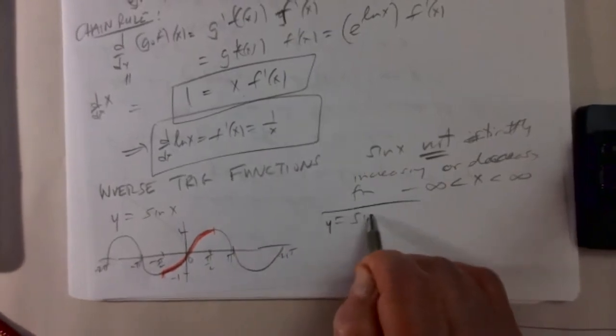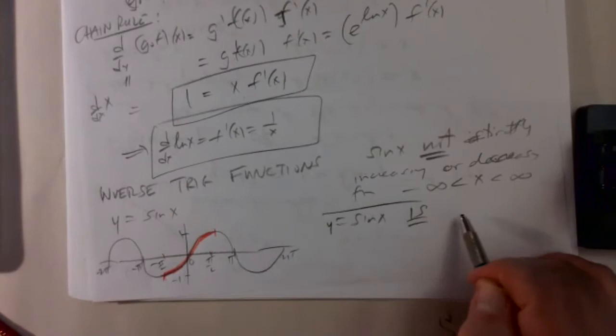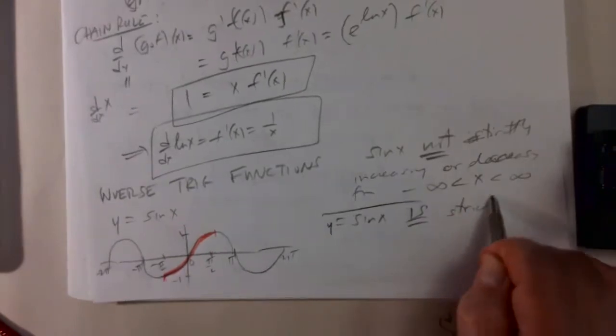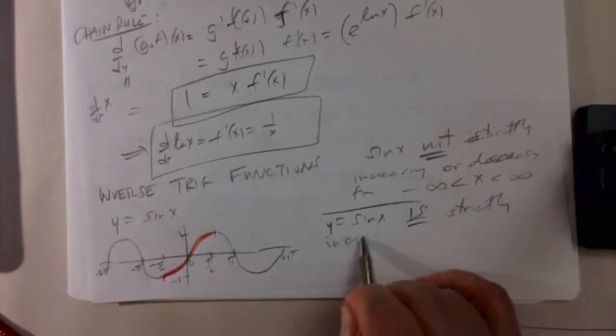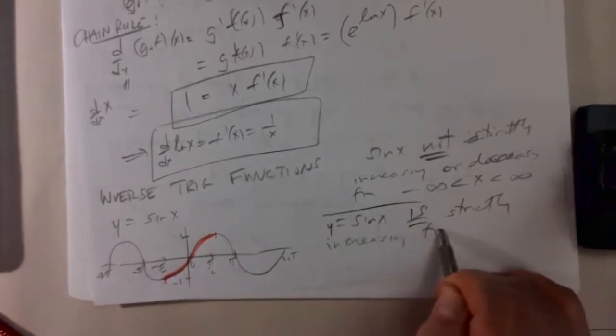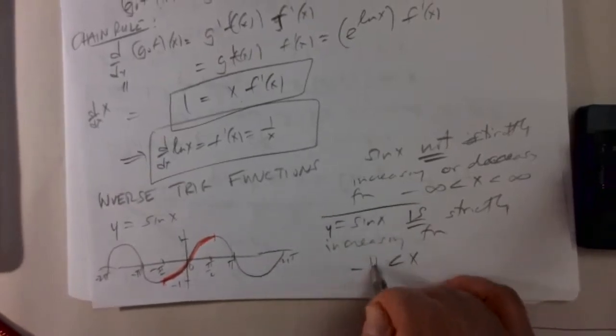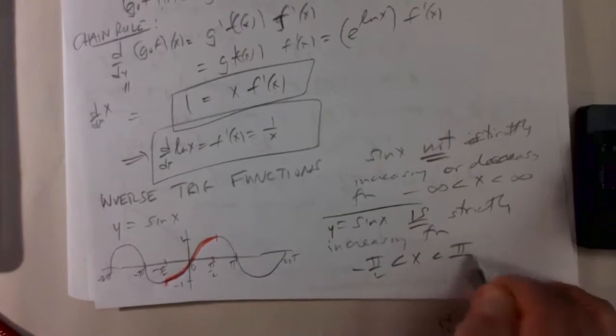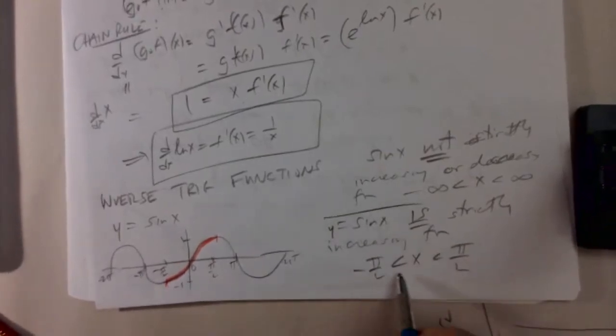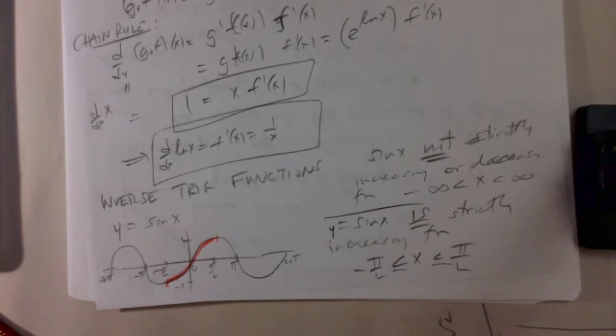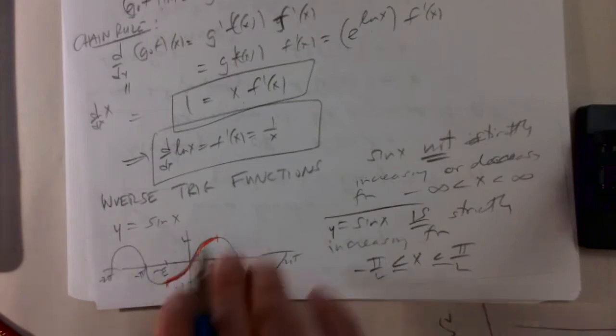So y equals sine x is strictly increasing for x between minus pi over 2 and plus pi over 2. So we can find an inverse function there.